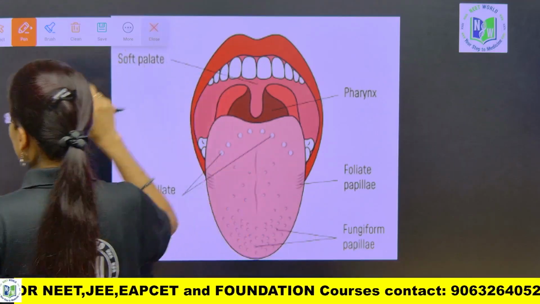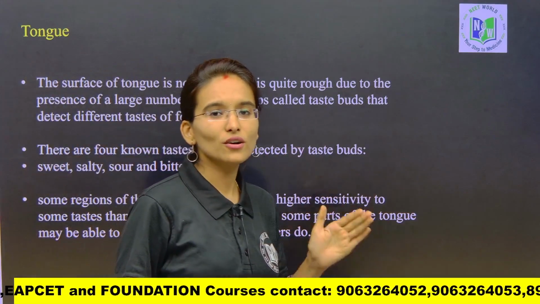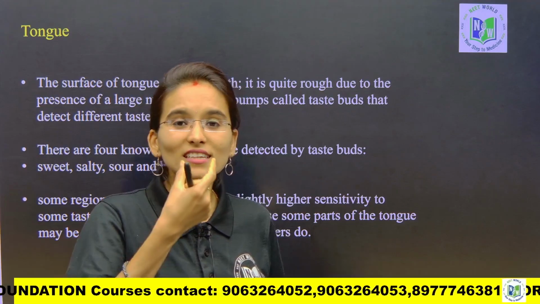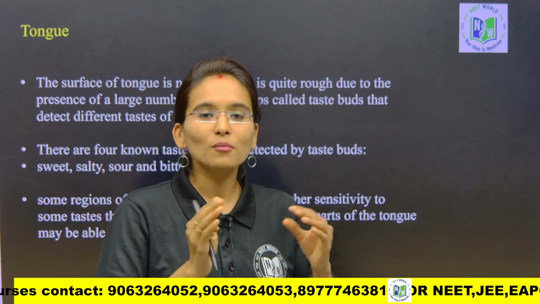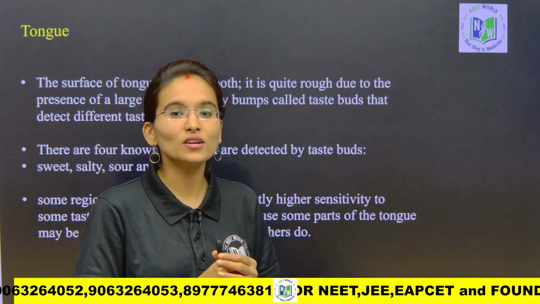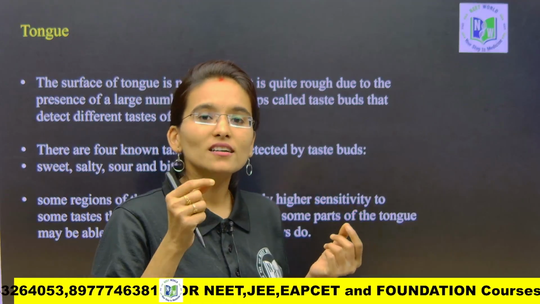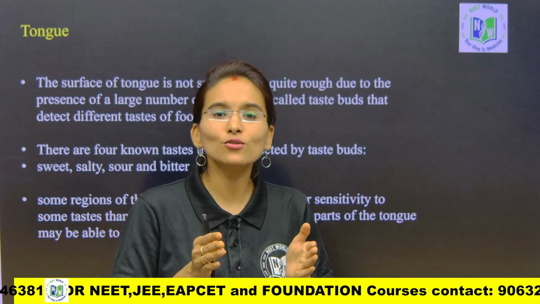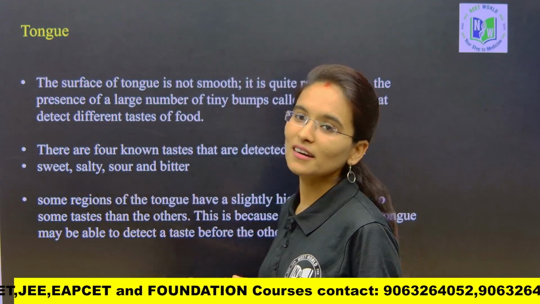So, clear with this, only 3 important points are there. When you study about the tongue, it is not hard in structure. The tongue is a flexible and movable muscular structure which is attached to the hard palate. But the surface of the tongue is very rough in structure, due to the presence of the taste buds which will detect only 4 different types of taste, that is sweet, salty, sour and bitter.